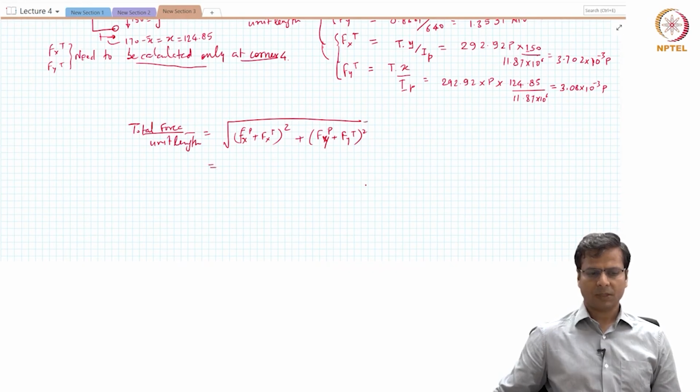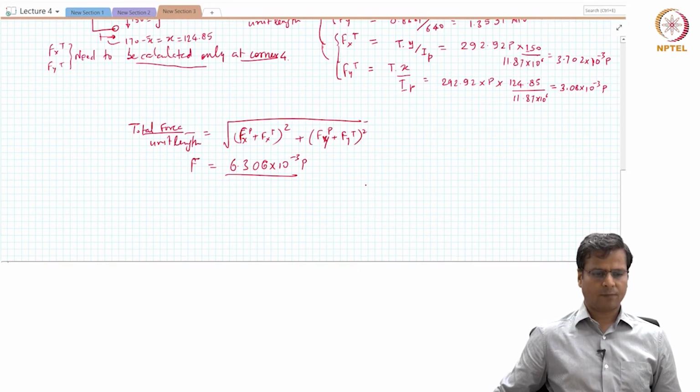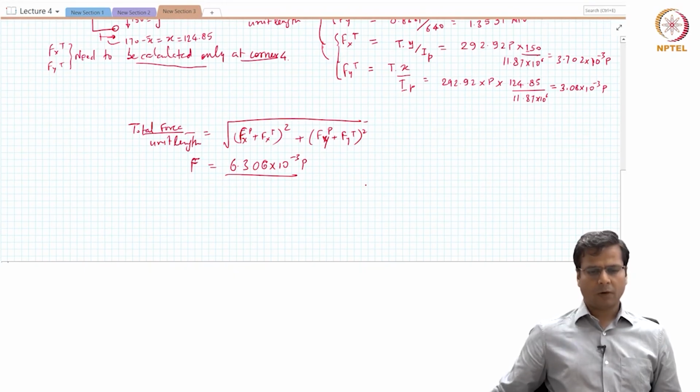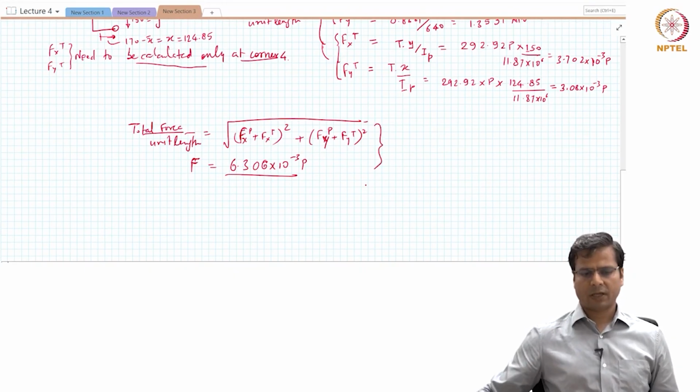Okay. So when we substitute the values, what we get is 6.306 multiplied by 10 to the power minus 3 P. We have basically substituted these Fx and Fy values here. This is what we get. This is total F internal. And now this is the demand for a given P.